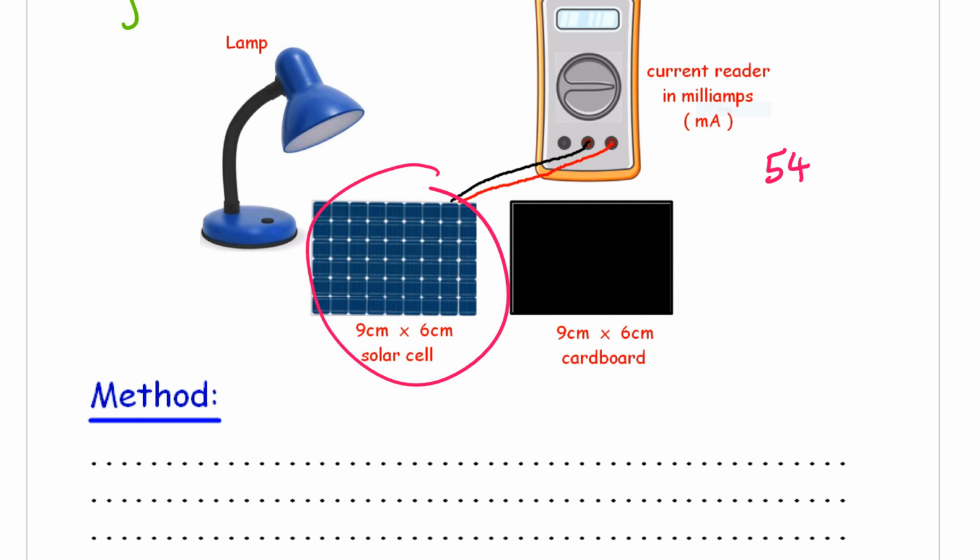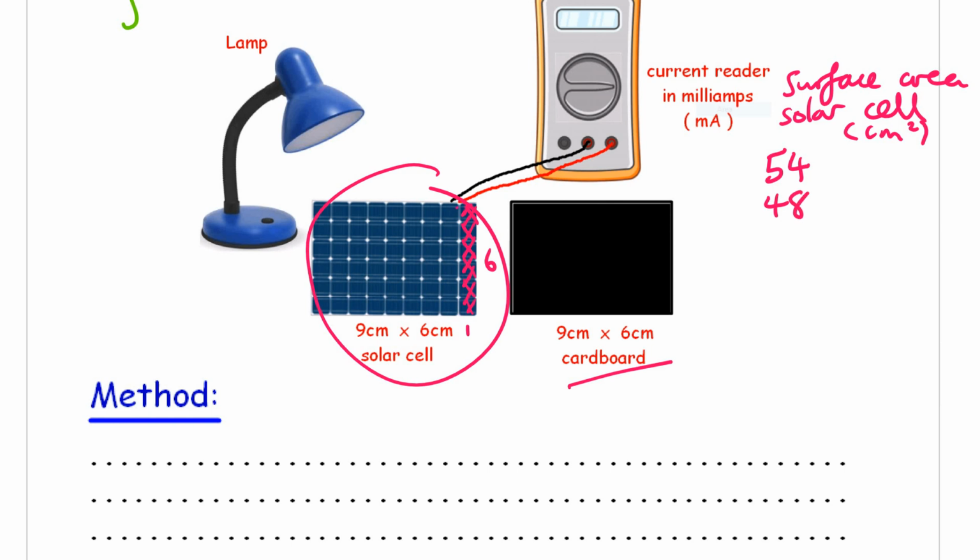If you were to cover 1 centimetre by 6 centimetres, then you're reducing the surface area of the solar cell. So the surface area of the solar cell in centimetres squared started at 54. It then went down by 6 because you've covered that up with the cardboard. So it's gone down to 48.